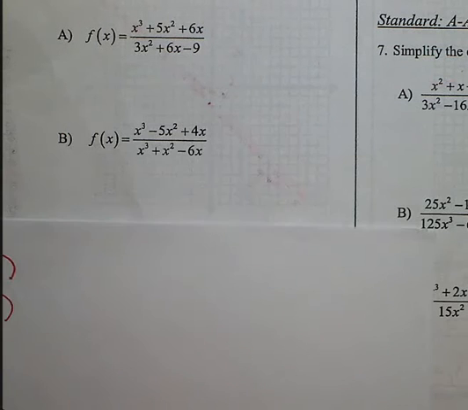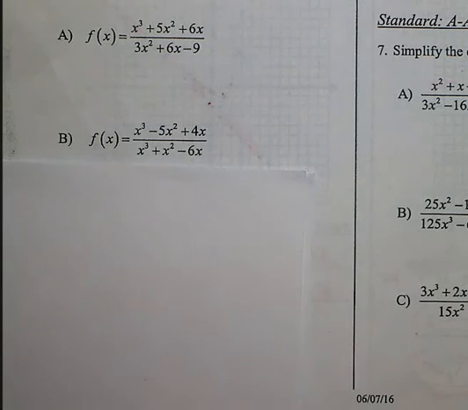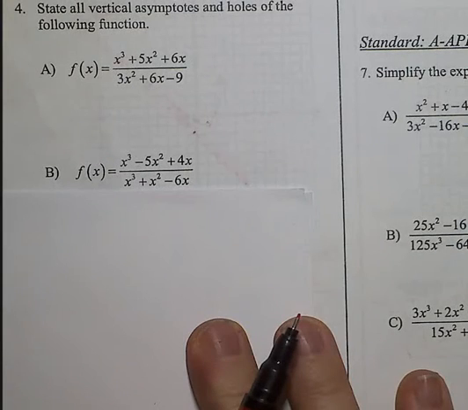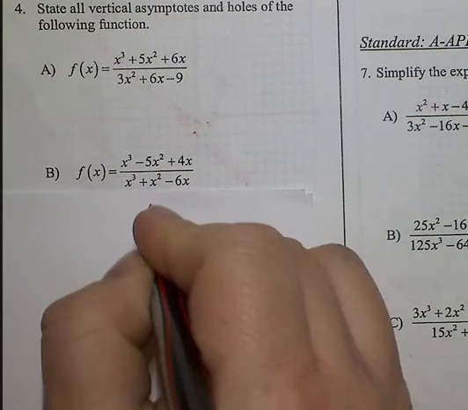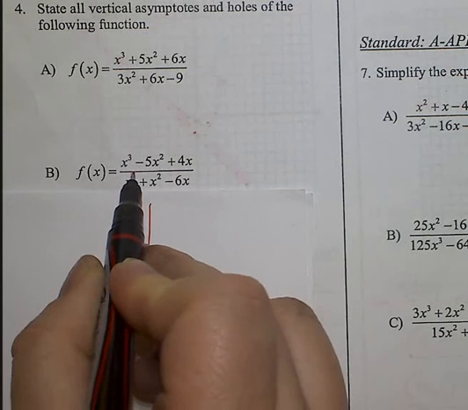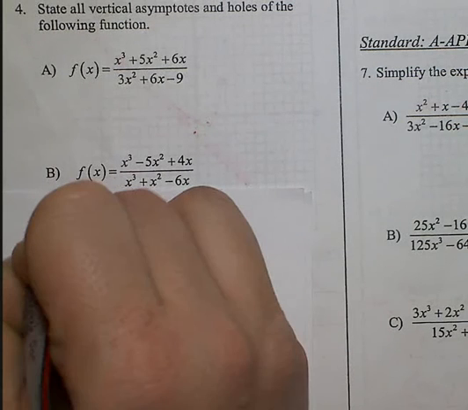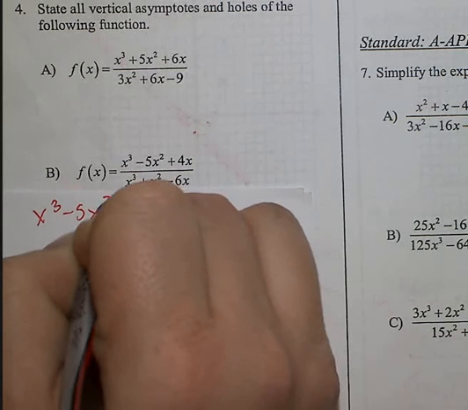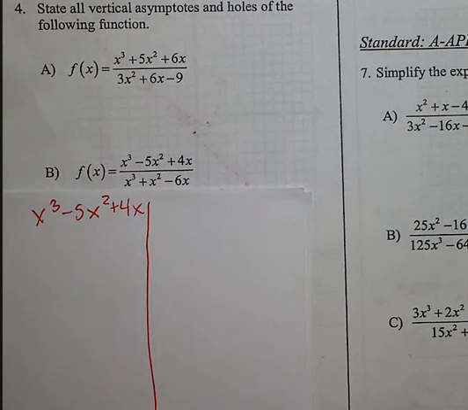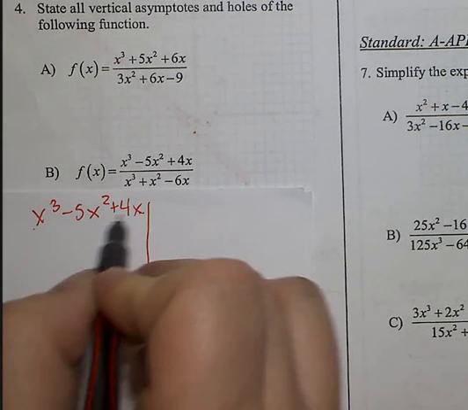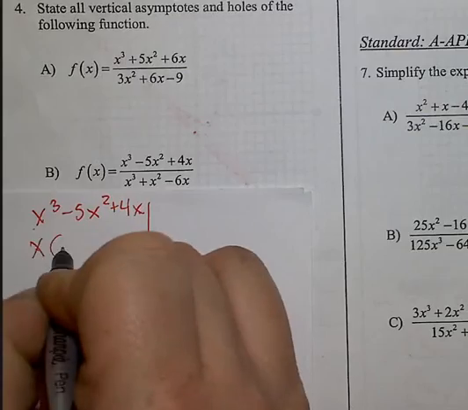Okay, part B. Same concept. I'm going to start by factoring the numerator. I can see that each one of the three terms contains an x, so I factor out an x.